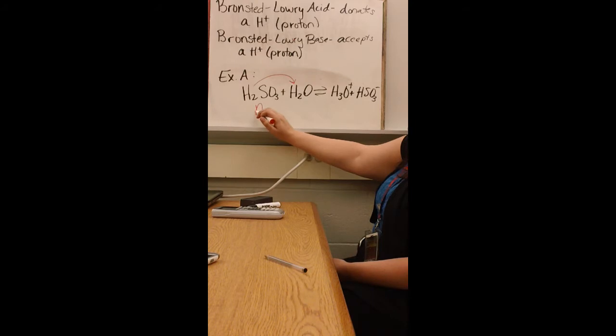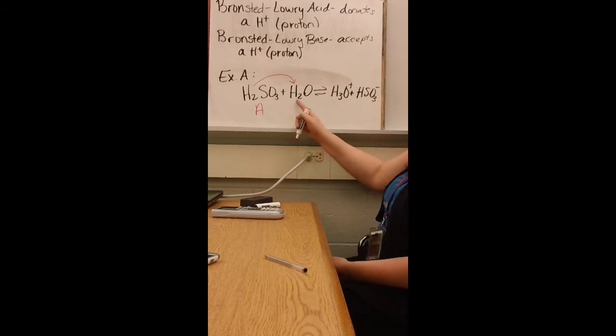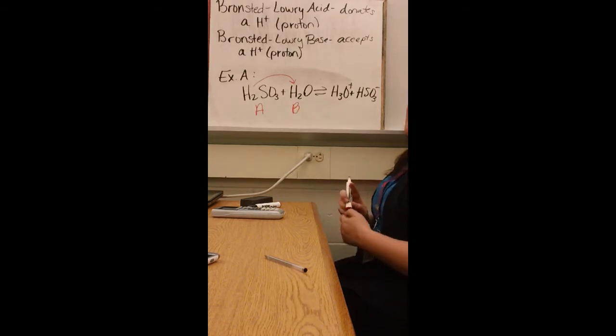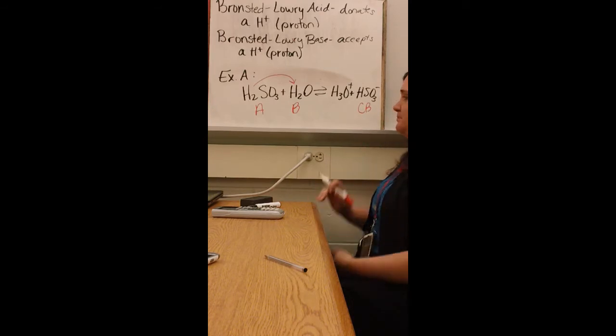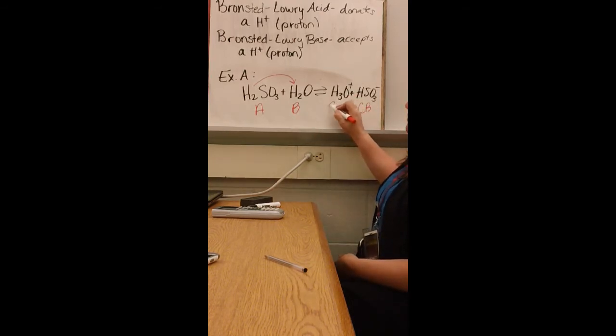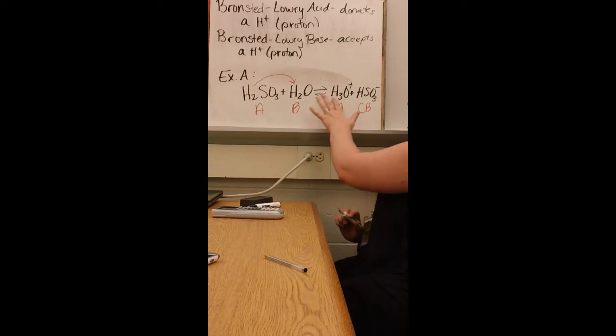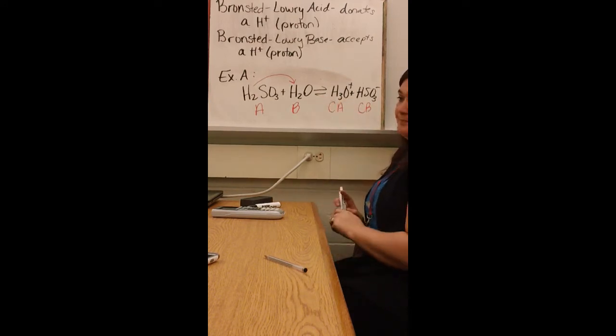So since it gave away a hydrogen, it's the acid. Water accepted the hydrogen. I know that because now there are 3 of them here. That's the base. We also have names for what is produced. So the acid becomes the conjugate base because it now has 1 less hydrogen. The base becomes what we call the conjugate acid because it now has 1 more hydrogen.